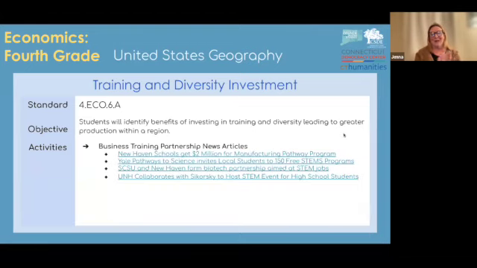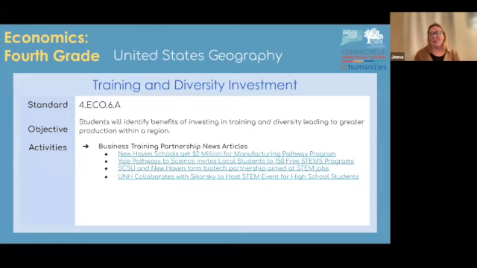And then one of the last ones that we have is there have been a lot of partnerships recently happening within our state with different school districts and businesses coming in and involving themselves in STEM communities, STEM activities, excuse me. I look specifically just at New Haven because that is local to myself.